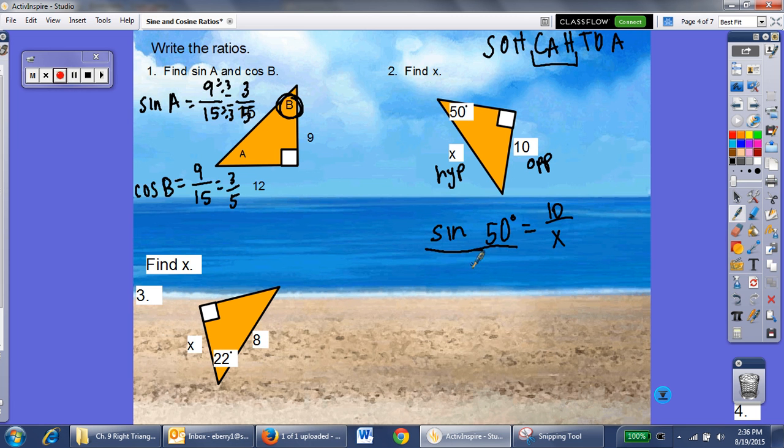Go ahead and turn this into a fraction by putting 1 on the bottom. Now cross multiply. So we get x times the sine of 50 equals 10. To get x by itself, divide by the sine of 50.